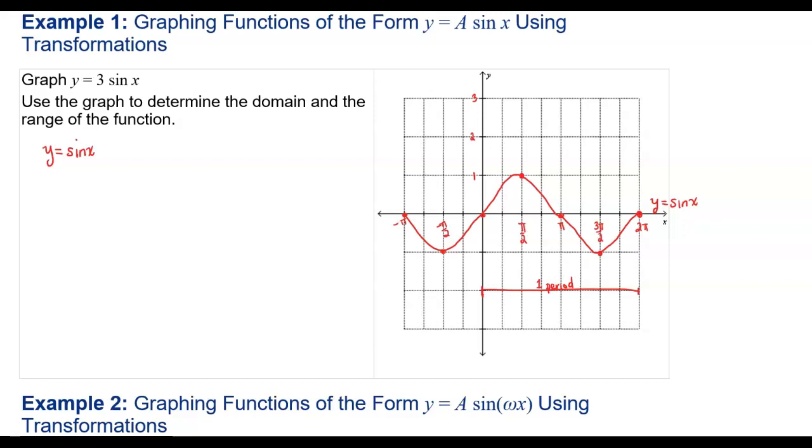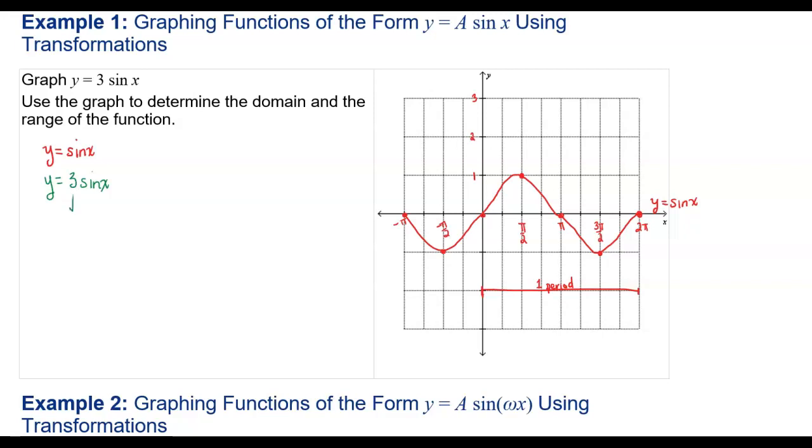All right, but now we have to graph y equals 3 sine x. If you remember from Algebra 2, when we had a number in front of our function, we were either going to compress it or stretch it. We compressed it if it was a fraction between 0 and 1, and we stretched it if it was a number greater than 1.